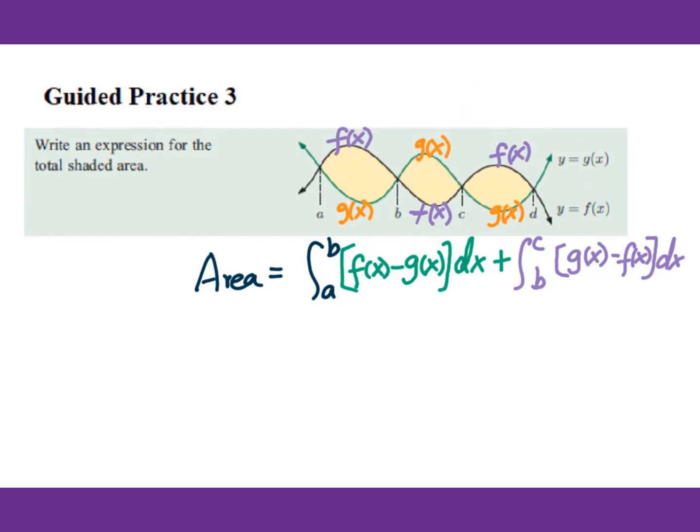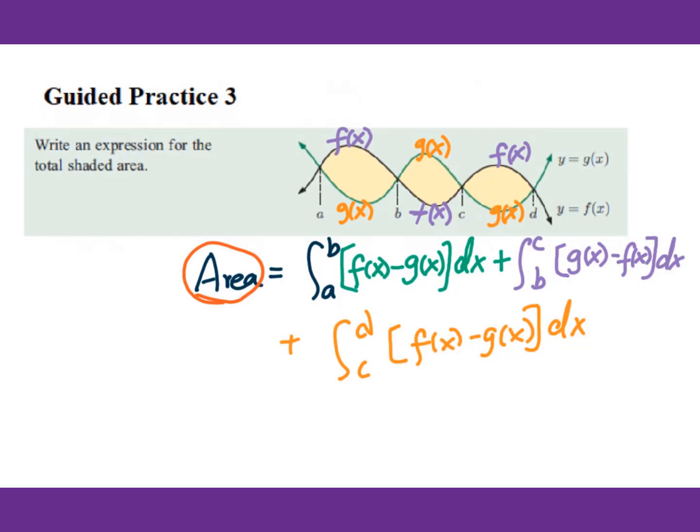Then from c to d, you have to do f of x minus g of x. You add all these three together, you will get the area bounded by these two functions.